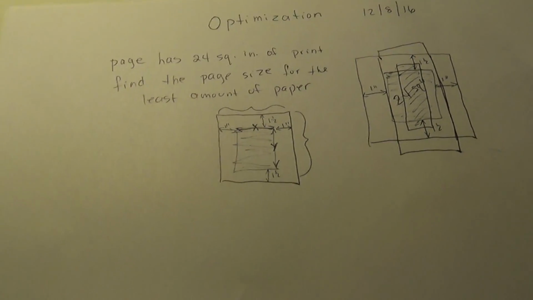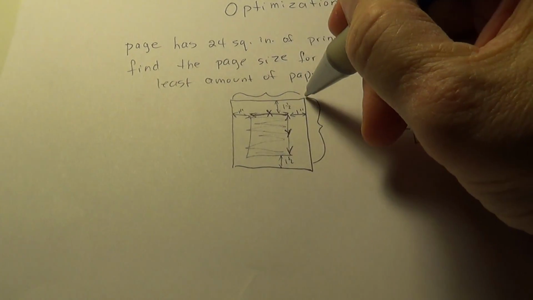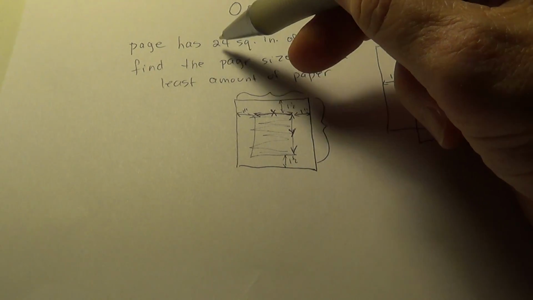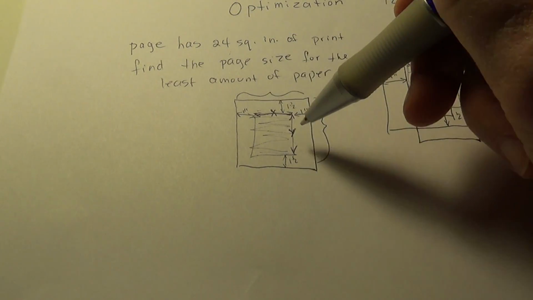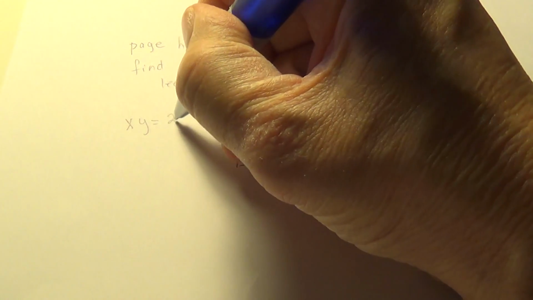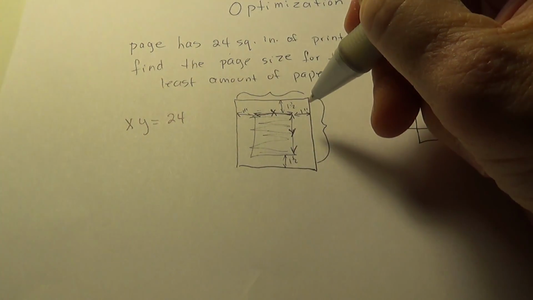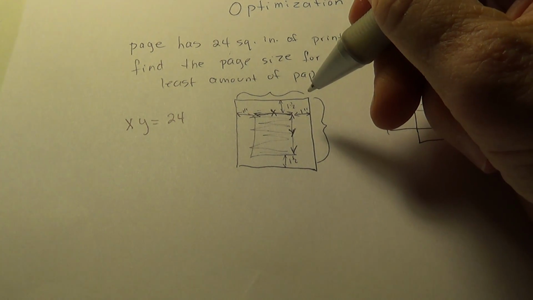So why didn't I put the X out here and the Y out here? Just because I'm told that the printed part is 24 square inches. So that leads me to a statement, X times Y equals 24. That kind of simplifies things.